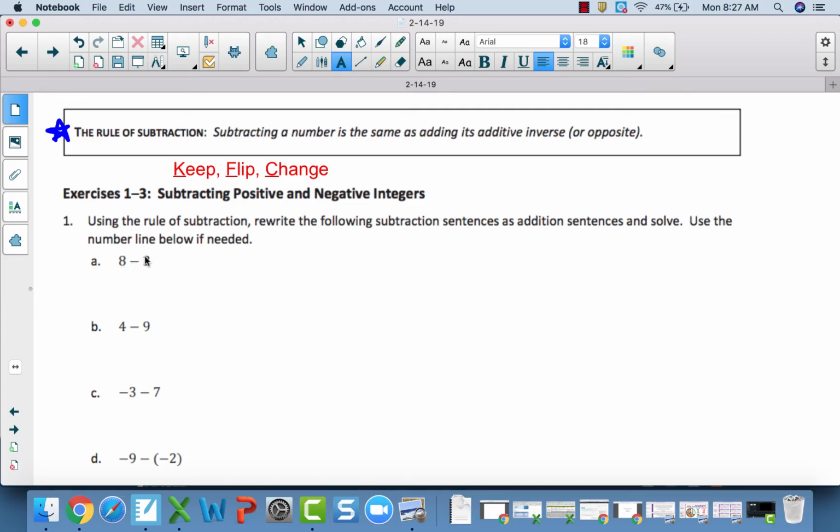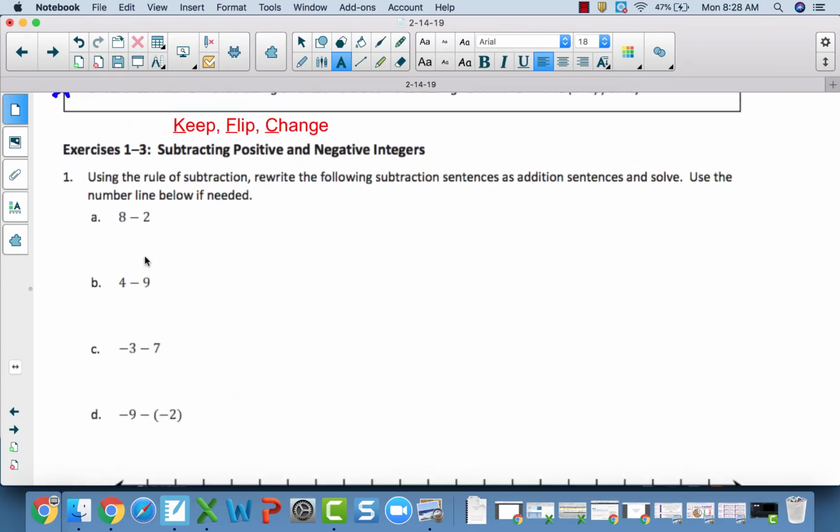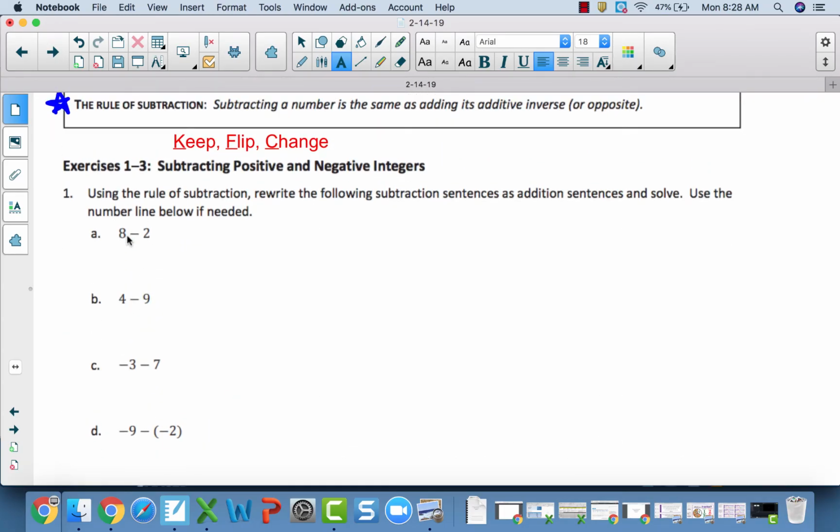All right? Now, I will tell you here how I actually look at these problems before you get started. Let's just look at this first one. I don't think of this as subtraction. How I think of this is as having 8 and then negative 2. 8 and negative 2 gets 6.